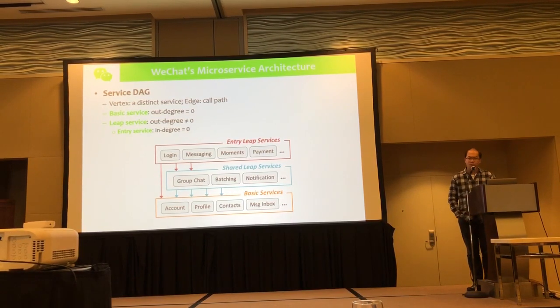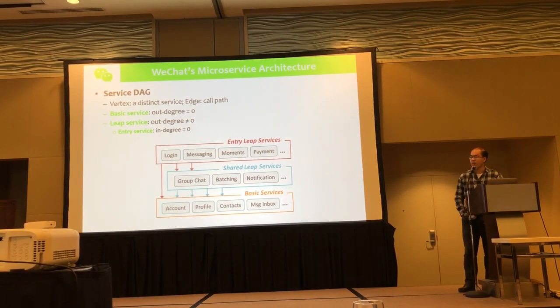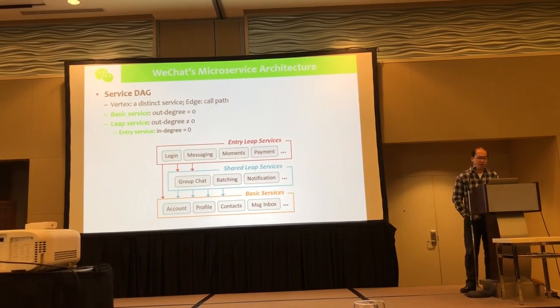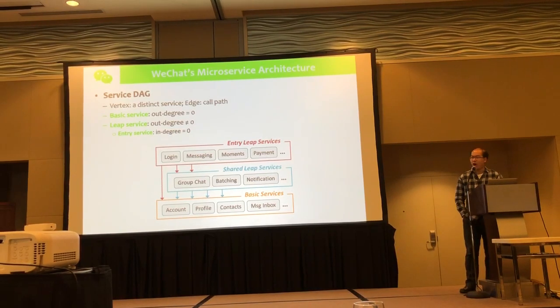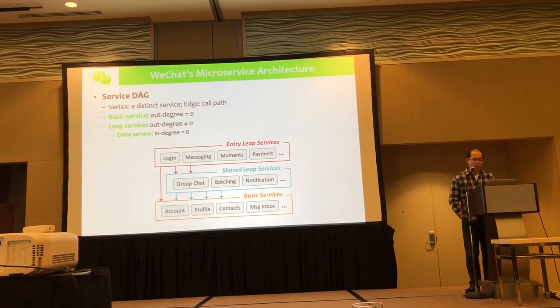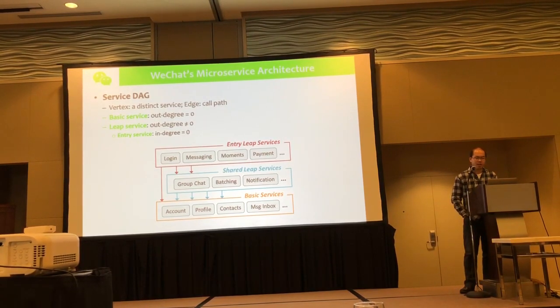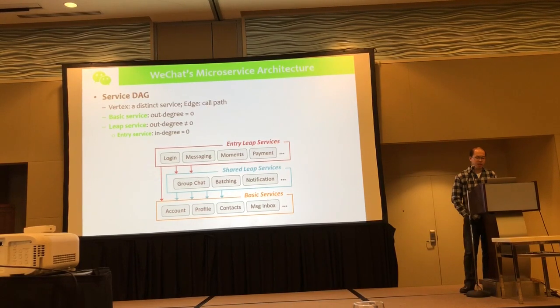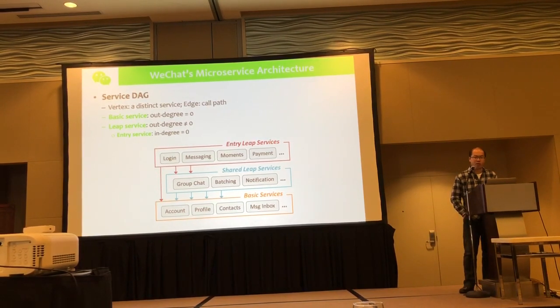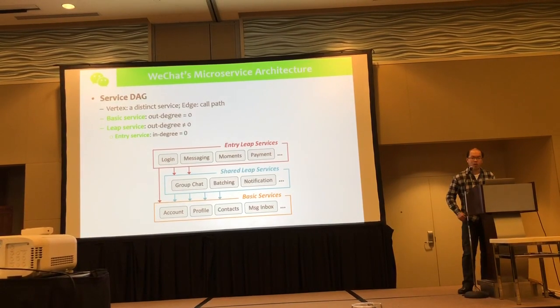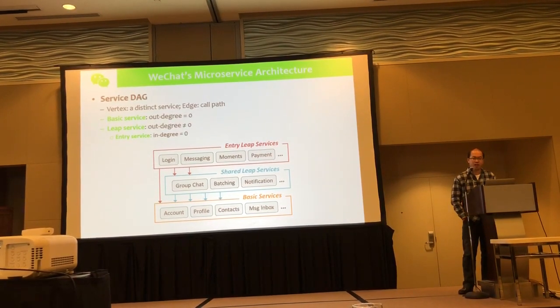In WeChat, we have many kinds of microservices. We categorize them into mainly two types. One is the basic service, meaning the out degree of the vertex in the service graph is 0. The other is the lib service, meaning the out degree is not 0, so the lib service will call other services in the graph.